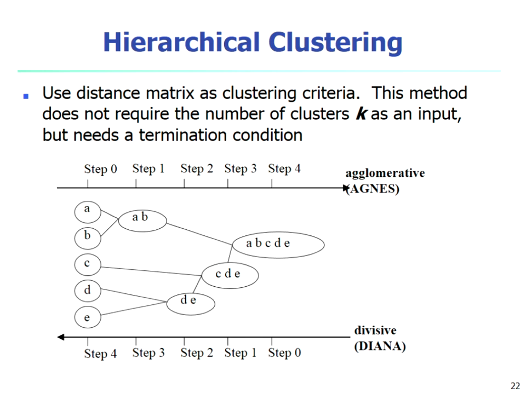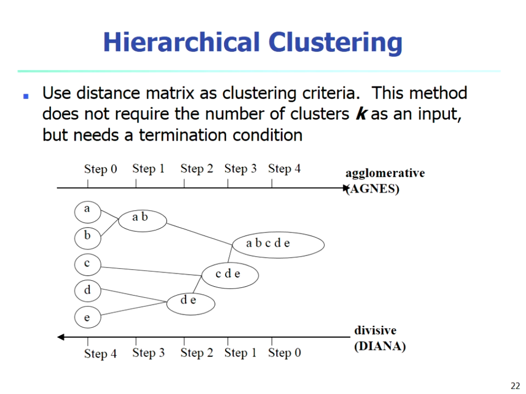So the advantage of hierarchical clustering is this method does not require the number of clusters, but needs a termination condition. So this is an illustration of two methods of hierarchical clustering.